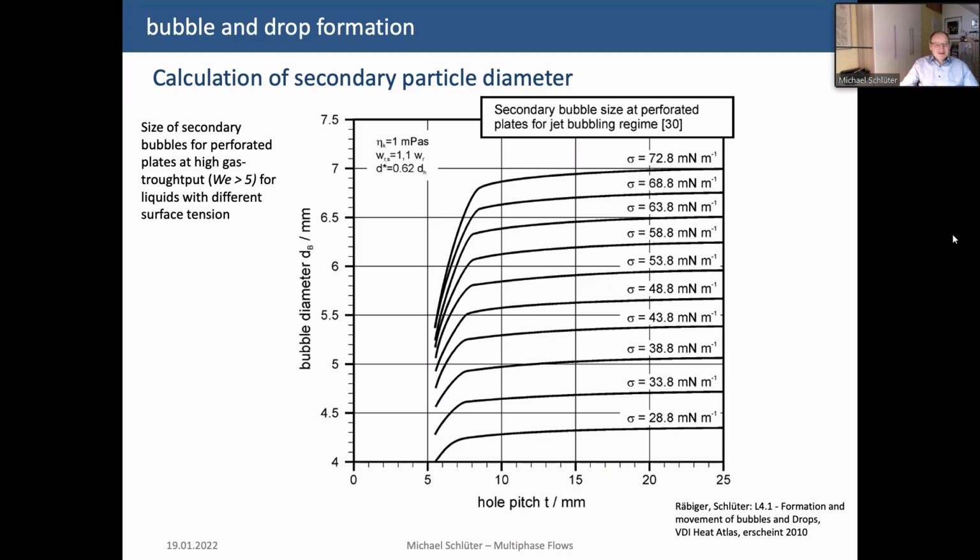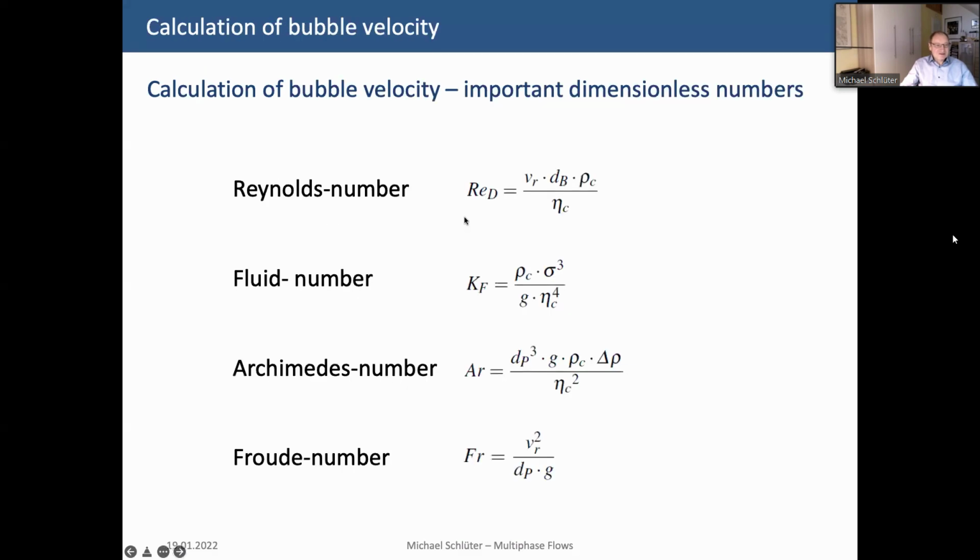But as you know, we always have a distribution. We have smaller bubbles, larger bubbles. This might be the mean diameter, but how broad the distribution is is almost unknown and very important, of course.